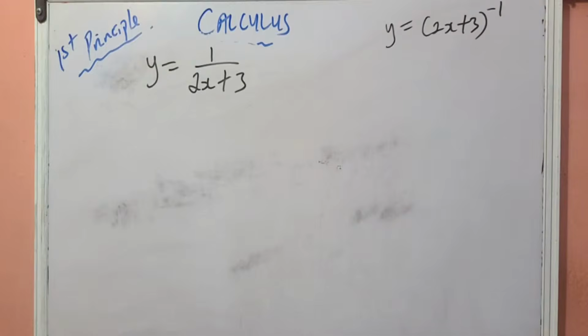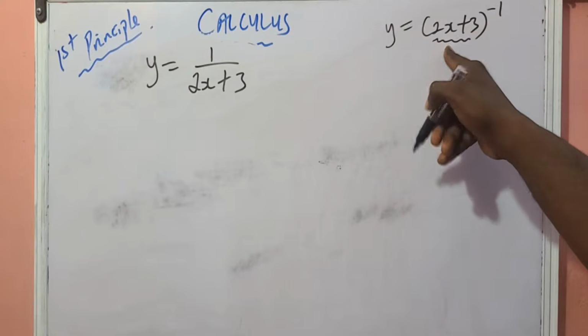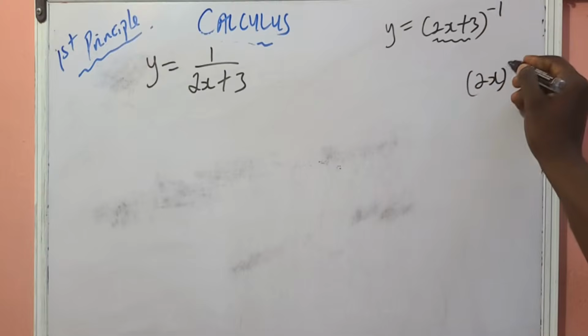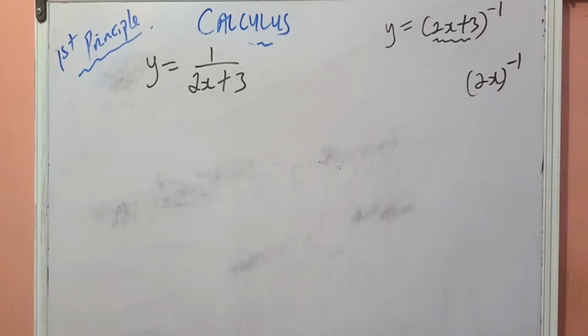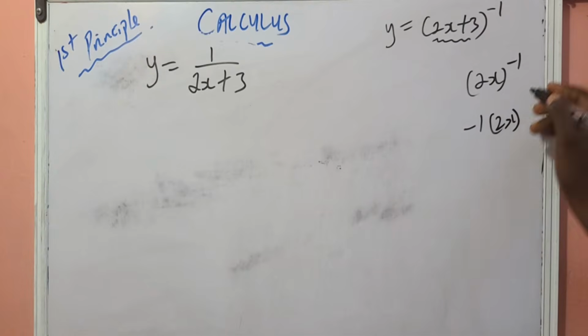Since you have a compound function inside here, imagine it was, for instance, 2x raised to power minus 1. If it was just something like this, you could easily use the general function and say minus 1, 2x raised to power minus 1 minus 1. But you have a complex, compound expression here.